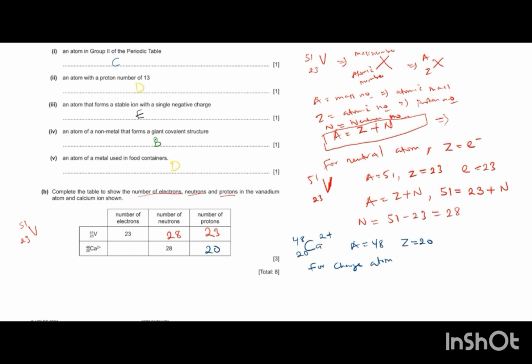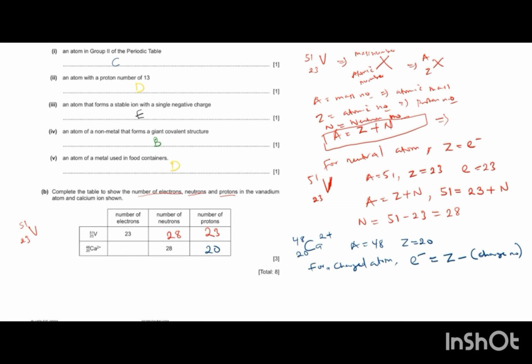For a charged atom, the number of electrons is equal to Z, the proton number, minus the charge number. I put the charge in brackets because sometimes it is positive or negative.